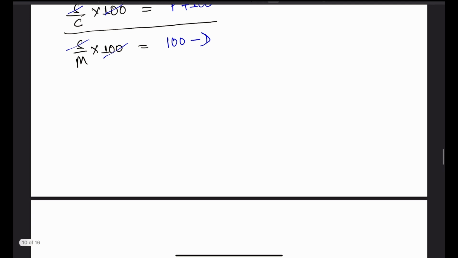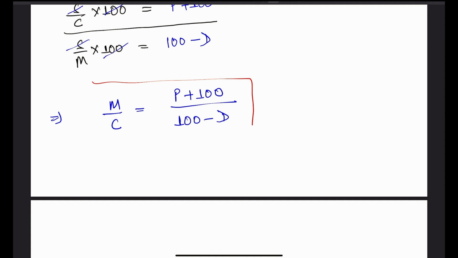So eventually my formula will become M by C equal to P plus 100 divided by 100 minus D. This is one of the important formulas.